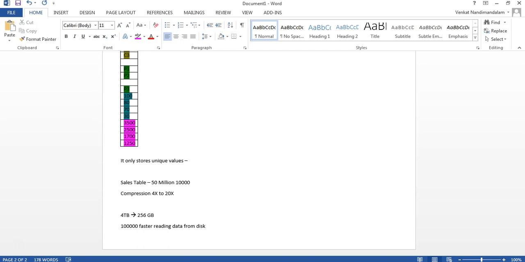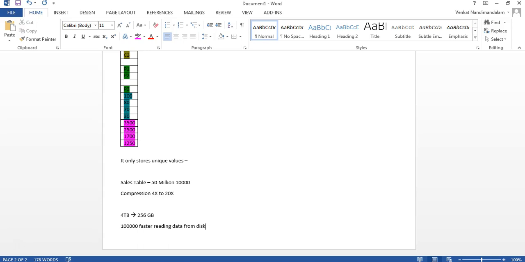You are going to have super lightning speed when you run queries on the data residing in HANA. So now you are able to run queries faster, your database size has reduced, and obviously maintenance will become easier.